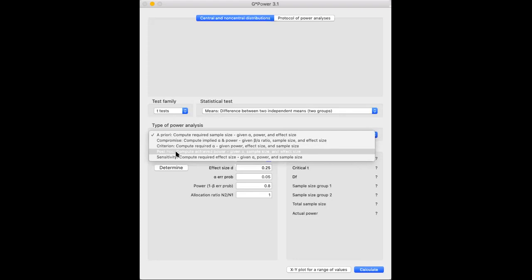Like before, it's usually recommended that if you want to pursue someone else's line of research, you should want to see how likely their results are going to replicate, right? And this could be done in what we call the post hoc power analysis. If you read it, it is compute achieved power given alpha, sample size, and effect size.